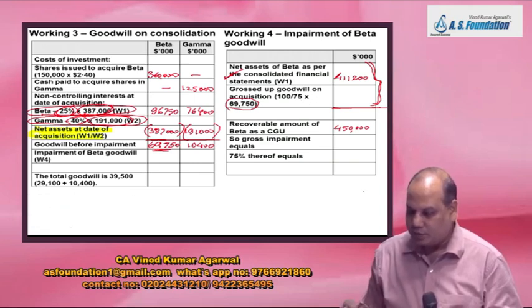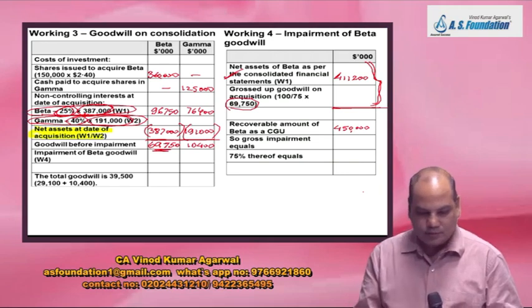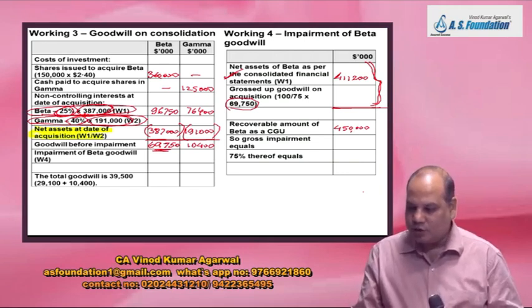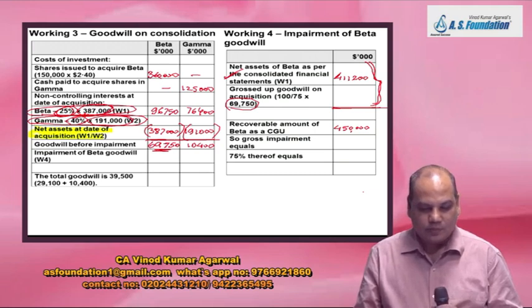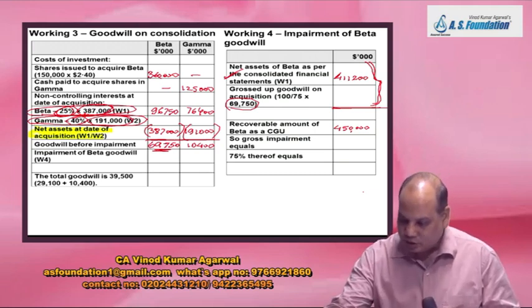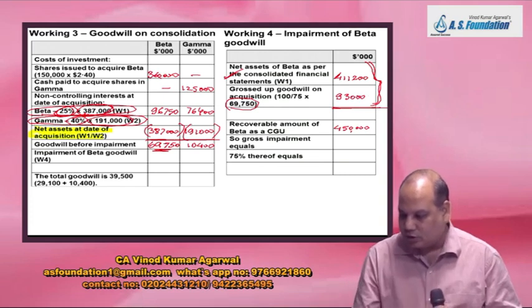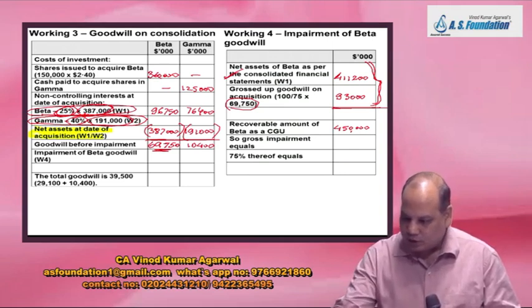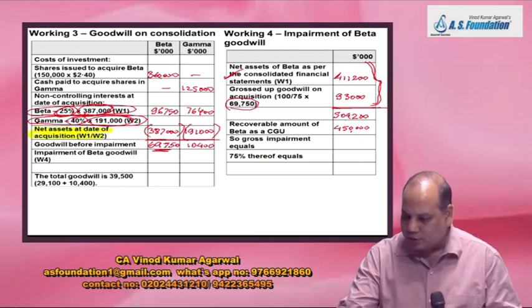Divide by 75%. So how much is that? 69,750 divided by 75%, 93,000. So my total becomes 5,04,200. Carrying amount is more than recoverable amount of beta as a CGU.